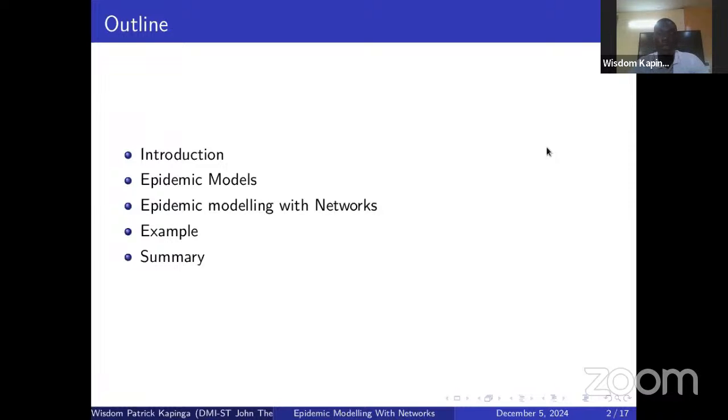Then we will connect these models with the concept of networks. I have one example of how modeling is done using the concept of networks. And lastly, we'll have a summary of what we discuss in this presentation.